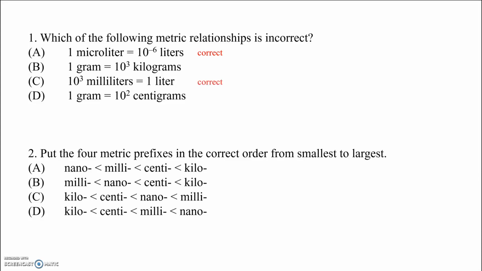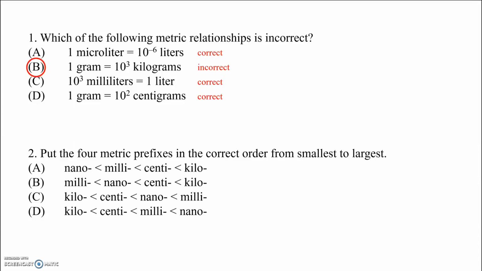There are 10 to the third milliliters in a liter, and 1 gram does equal 10 to the second centigrams, but what is not correct is 1 gram is equal to 10 to the third kilograms. In fact, it would be 10 to the minus third kilograms. So our answer for this one is B.